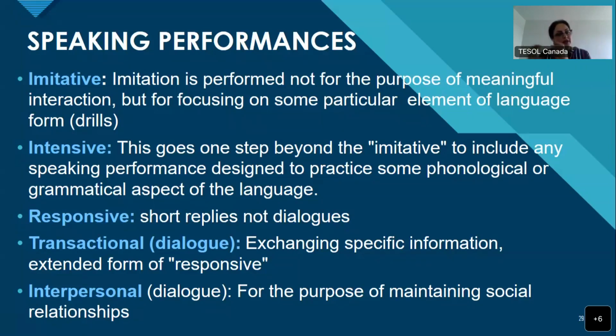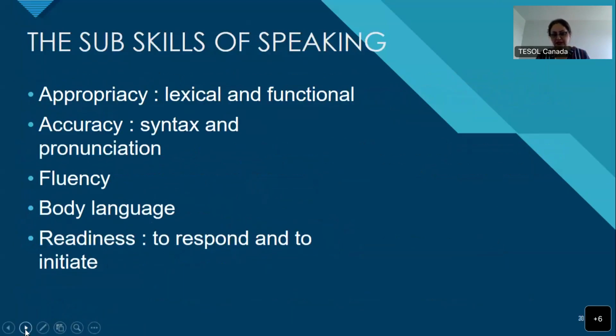You put them in pairs, they ask each other different questions. It could even be in the form of dialogue. You give them a topic, they start to talk. Or we call it interpersonal. They start to discuss the topic with the whole class, or in pairs, or in small groups. So different performances of speaking skills happen in the class.